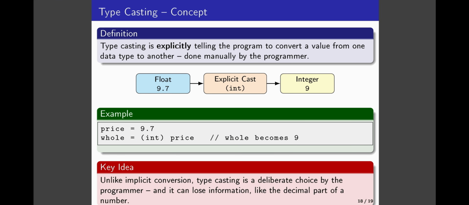Price equals 9.7, then whole equals int price, and notice whole becomes exactly 9. That decimal portion, the 0.7, is simply gone. Unlike implicit conversion, typecasting is a deliberate choice made by the programmer, and because of that it can actually lose information, just like we saw with the decimal part of the number here.